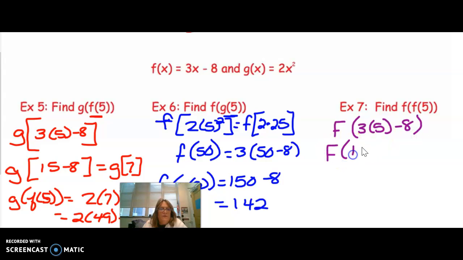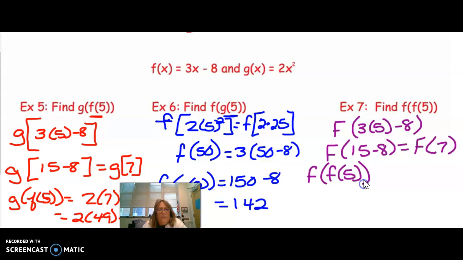That's going to give me 15 minus 8, or f of 7. So now I come back and I plug 7 in again to the same equation, just because I use the same one. So that gives me 3 times 7 minus 8. That's going to give me 21 minus 8, which is going to give me 13. Okay?